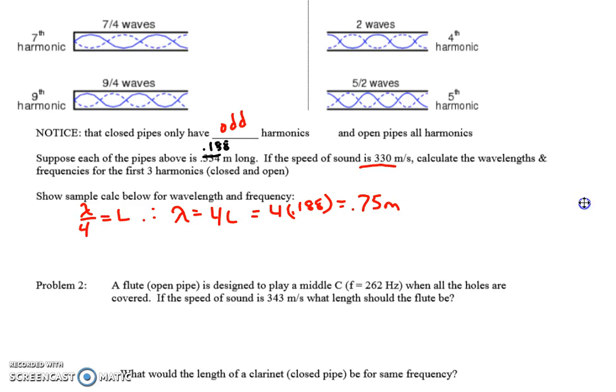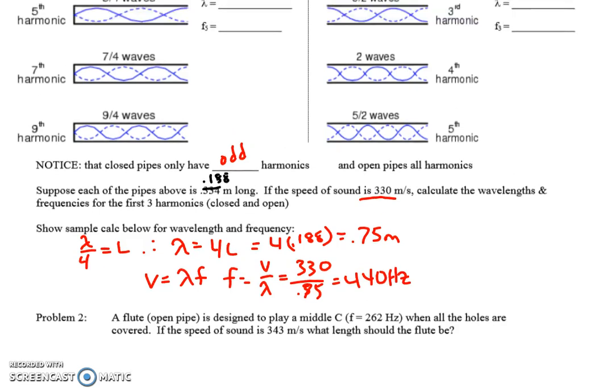Now if I want to find a frequency, I know that V equals lambda F. So F is going to be equal to V over lambda, 330 divided by 0.75 gives us 440 hertz.